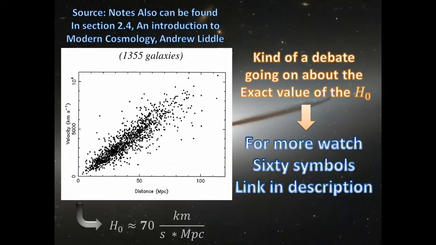At this moment in time, there is a dispute going on between the results from two different experiments trying to measure the Hubble constant, from cosmic background radiation and type 1 supernovas. To understand more about this dispute, please watch the video I have linked in the description.